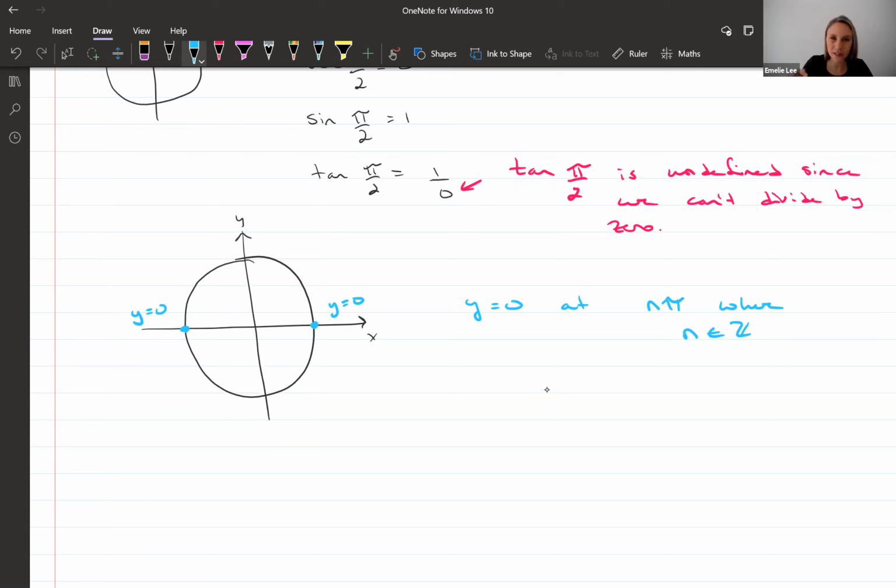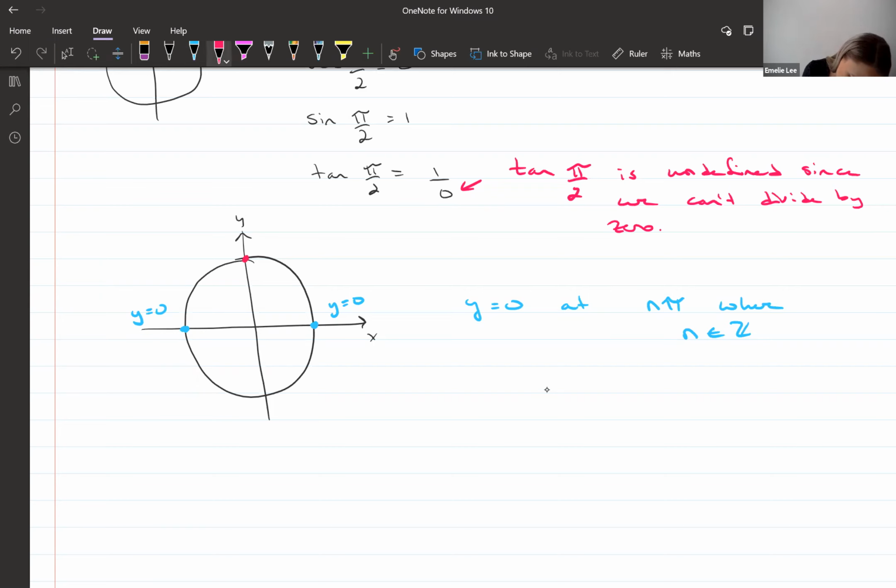As long as I'm moving n pi, I start at 0 pi, that's at 0, and then I move 1 pi, 2 pi, 3 pi, 4 pi, 5 pi, 6 pi, 7 pi, and so on. So at all those points, y is going to be 0.